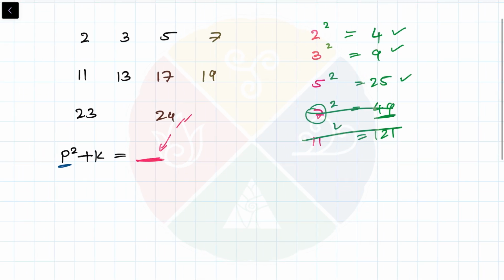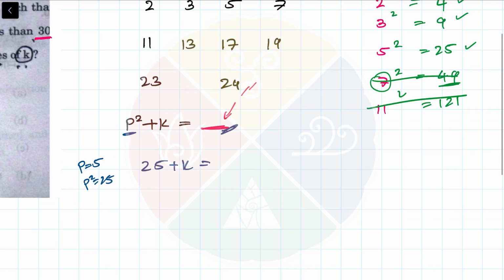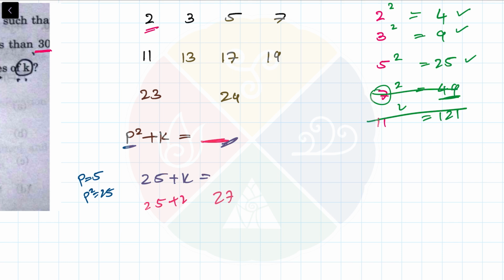Now instead of substituting k, I'm going to substitute p. So first let p equal 5, therefore p square equals 25. So I'm going to get 25 plus k, which should be a prime number less than 30 from this list. So k is also another prime number. If k is 2, 25 plus 2 is 27, which is not a prime number.